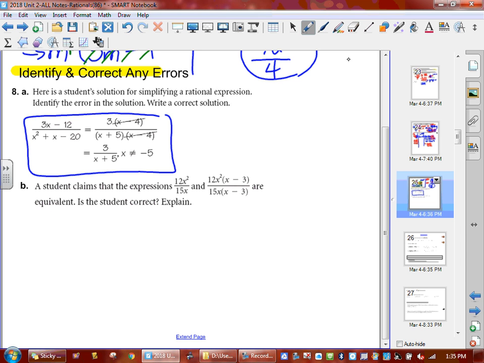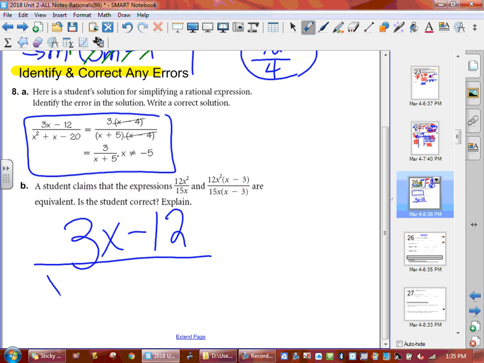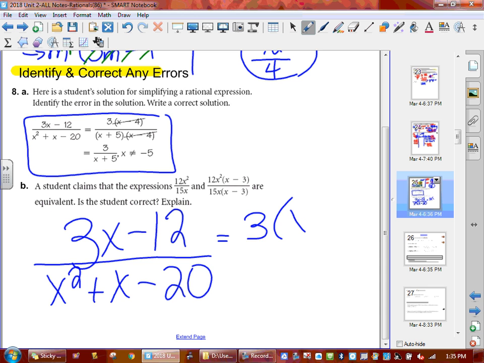Over x squared plus x minus 20. Okay, that's what the first line says.